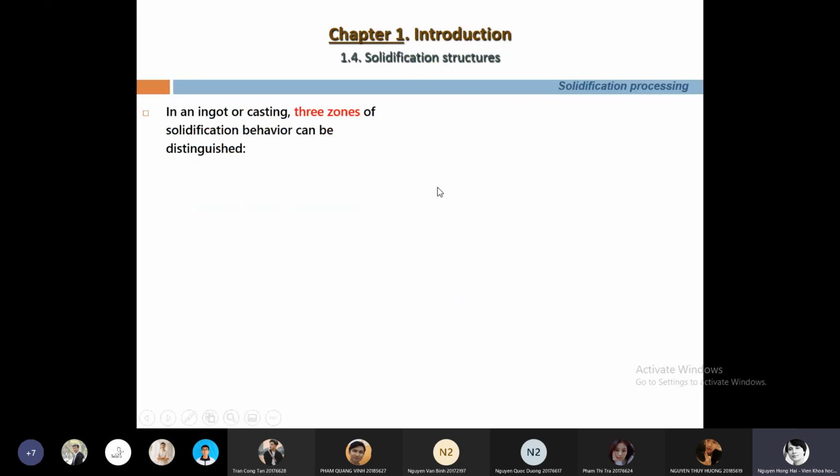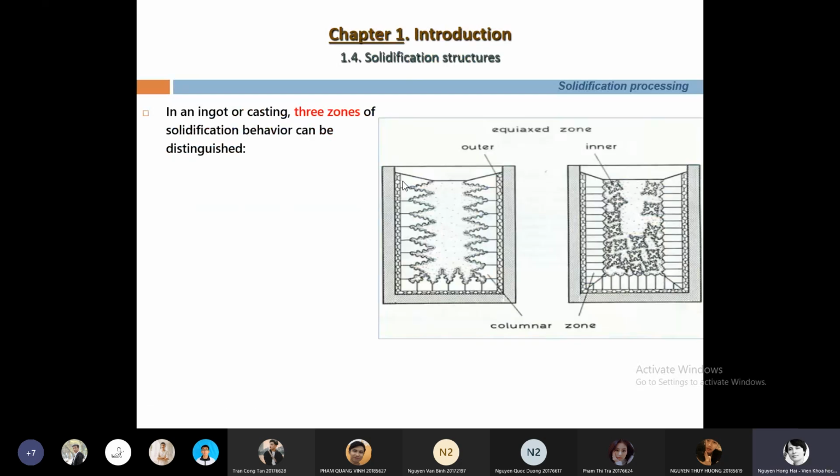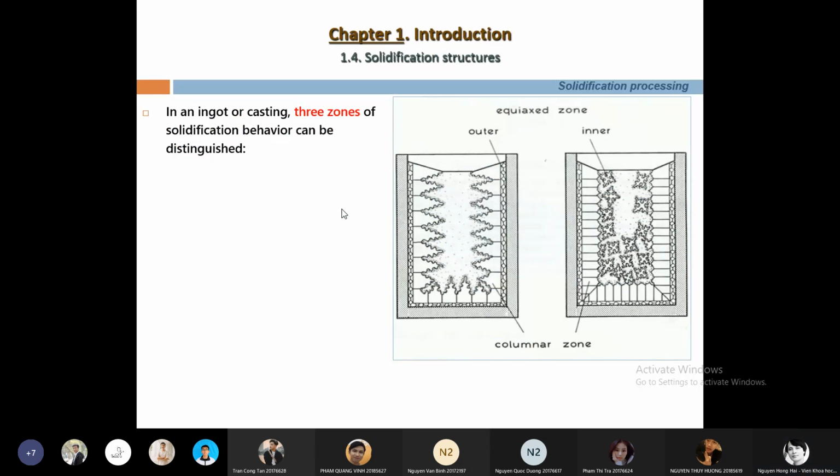If we consider ingot casting, you can see three zones of solidification. Here outside is the mold, and inside is the casting, the ingot. So we have three zones of solidification behavior.